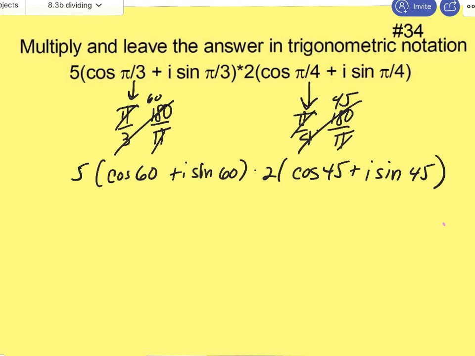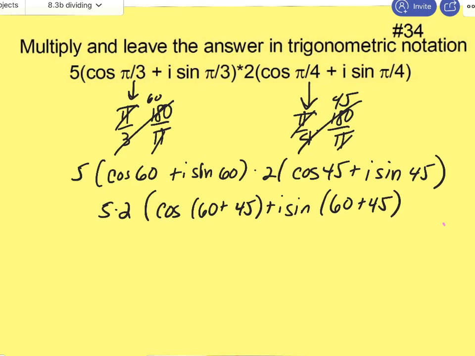And using my formula, I would have 5 times 2 cosine of, when you are multiplying, we're going to add the thetas. Again, add the thetas. So my answer would be 10 cosine of 105 plus i sine 105.